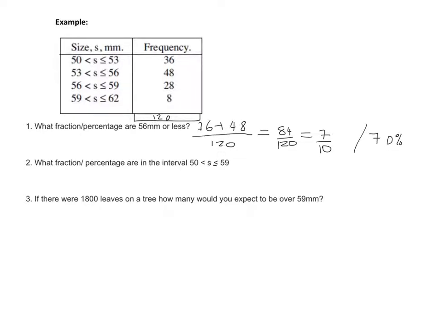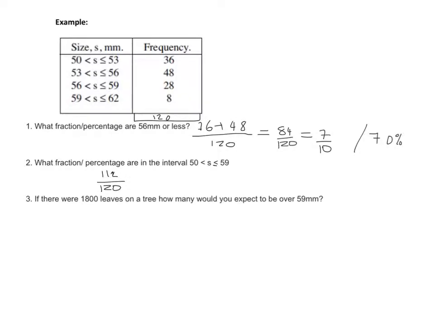Moving on to the second type, this asks us what fractional percentage are in the interval 50 to 59. Well, the ones between 50 and 59 are these 3 groups here, so we would need to add all 3 of those numbers together. If we add them together, we get 112, and again that's out of the total.